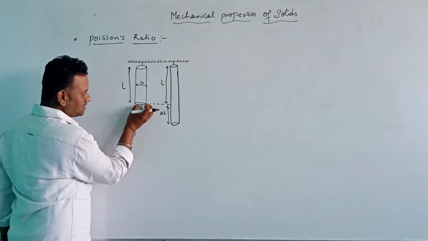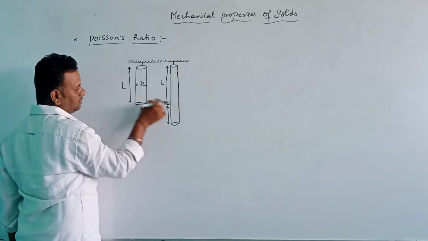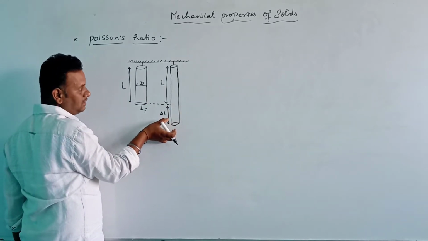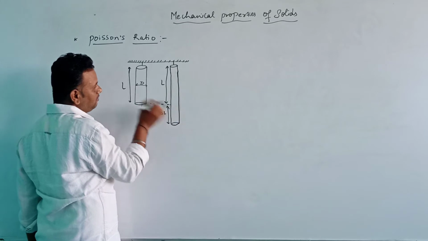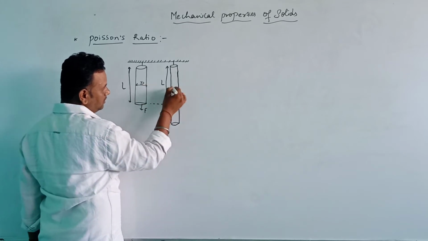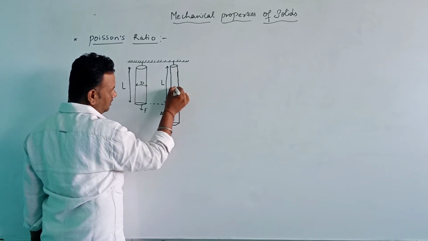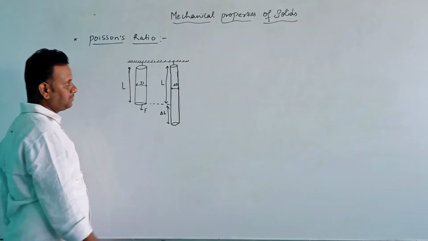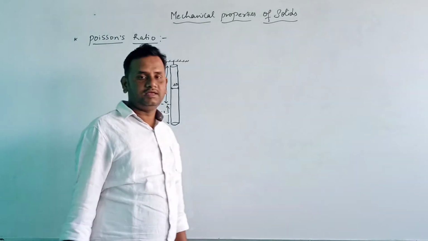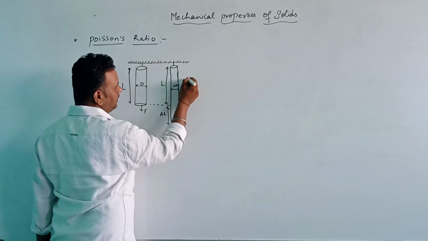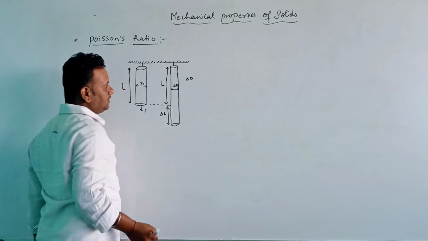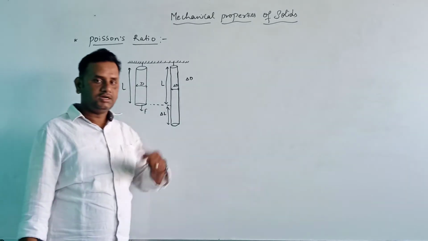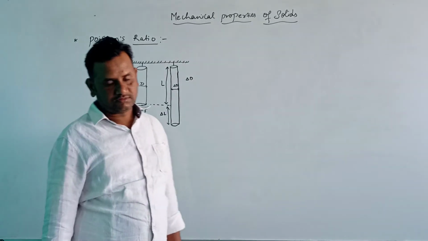So when the bar is stretched by a force, there is an increase in its length and also a decrease in the diameter. Say the decrease in diameter is delta D.